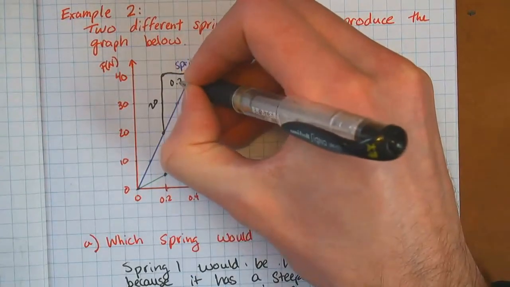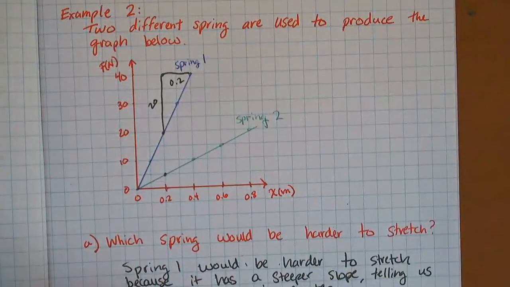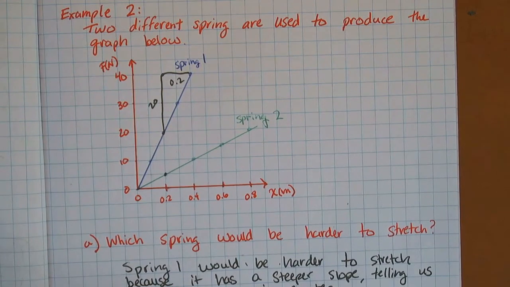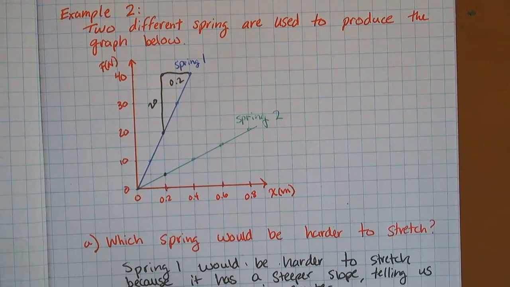So for spring 1, I'll call that k1. Rise over run, it goes up 20 over 0.2, which gives us 100 newtons per meter.